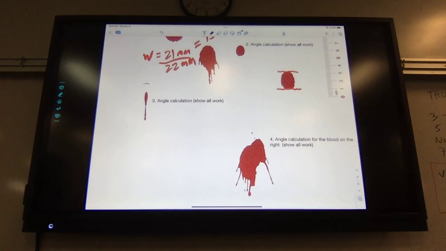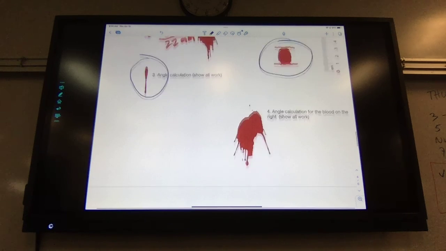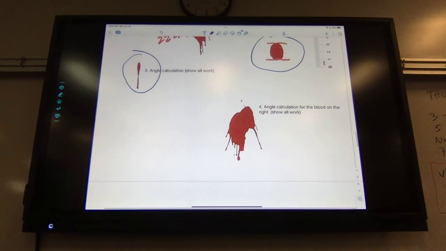So go ahead and do this one and do that one, and then we'll do this one right there. You see that there's two blood drops that overlap, and the drip trail stops right about there. It is hard to get the left-hand side.